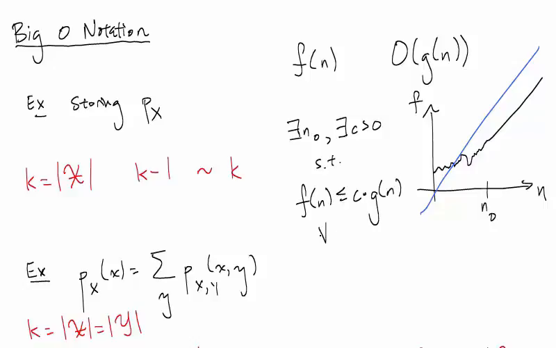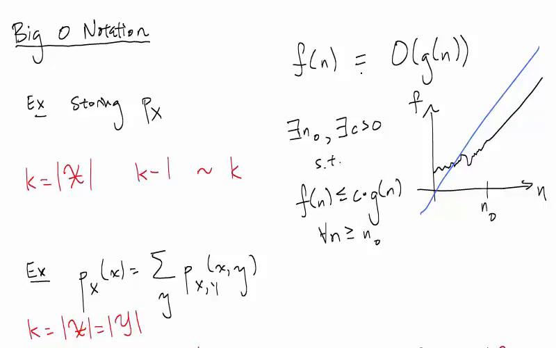And this holds for all n bigger than or equal to n naught. So this here is just formalizing what I drew as a picture, and it is what the definition of f of n being O of g of n means. And notationally, when this happens, we actually write f of n equals O of g of n.